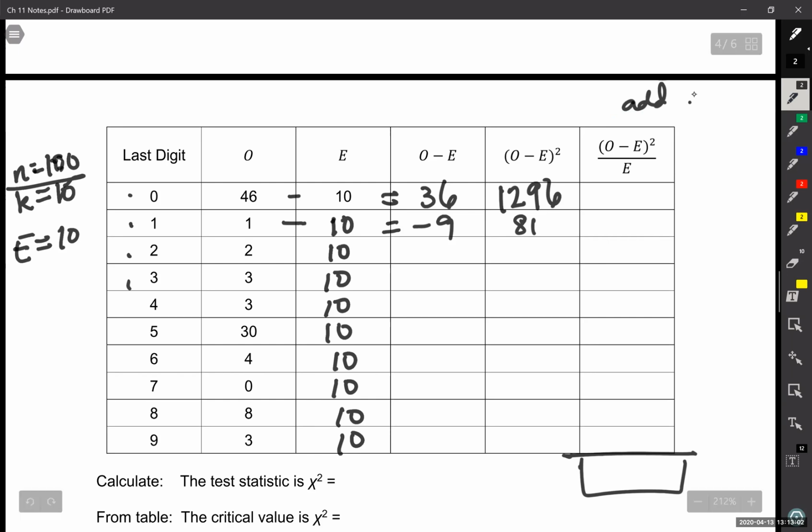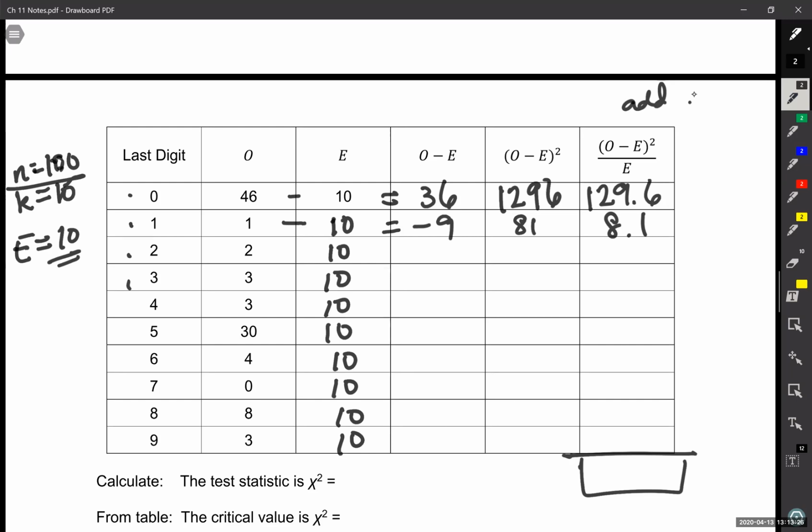We are going to divide by E. So E in this problem was 10. 1296 divided by 10 is 129.6. 81 divided by 10 is 8.1. I love dividing by 10 because it is so easy to just move the decimal one place.